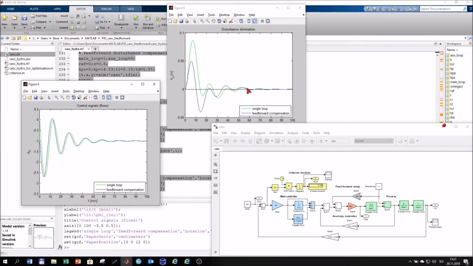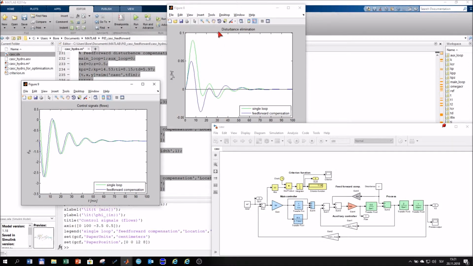One important thing is that these peaks are much smaller, but it is also important that this response has as symmetric a behavior as possible. So we have here a positive peak and a negative peak. These are much more similar than in the case of the green curve.